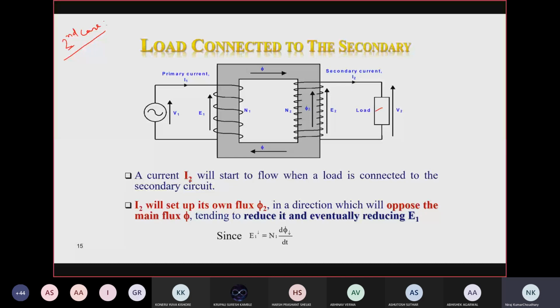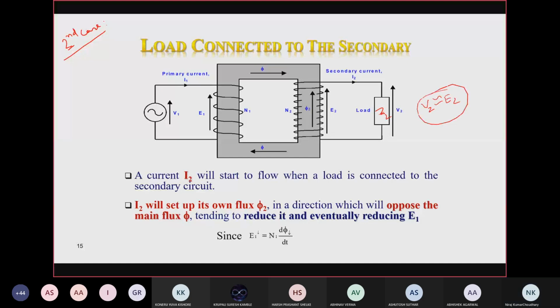So since the winding impedance, I already mentioned earlier that the winding impedance is very less. Therefore, in this case also, you can say that V2 will be approximately equal to E2 in magnitude, right? But it will have some difference in the value because of the presence of the impedance of the winding, right? But it will be approximately equal, right?